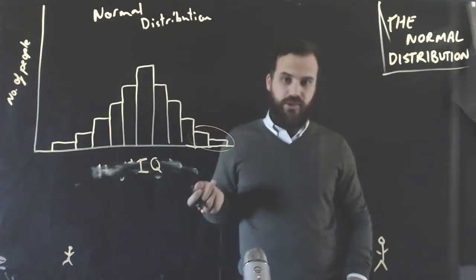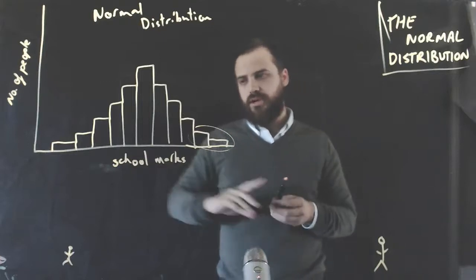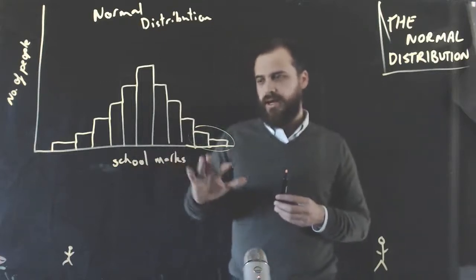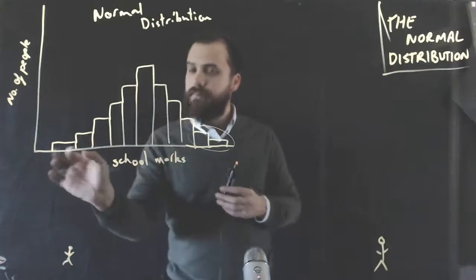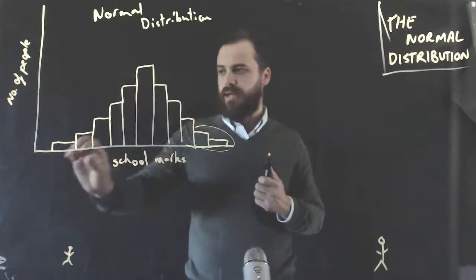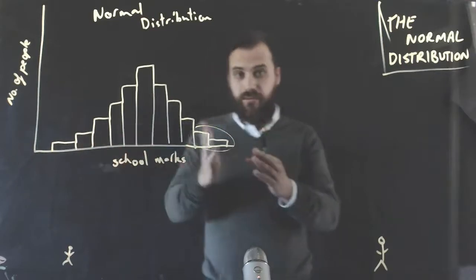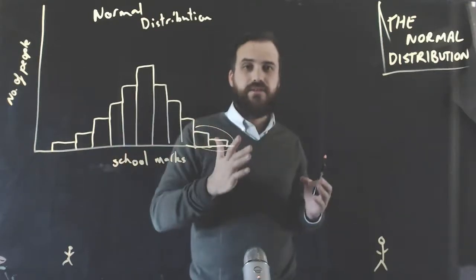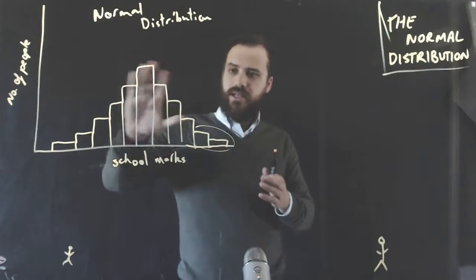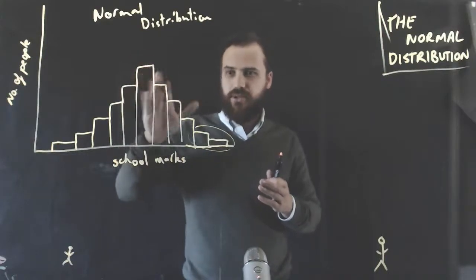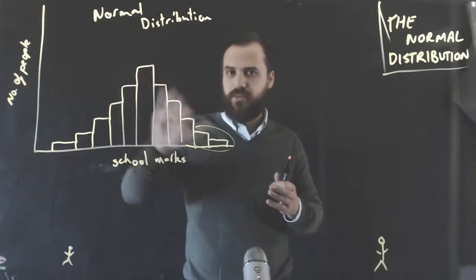follow a normal distribution. One more that I might mention here is school marks. Some people, only a very small amount of people, do very poorly in a particular subject. Some people are getting like 100%. But for the most part, there's like this middle ground where most people are.